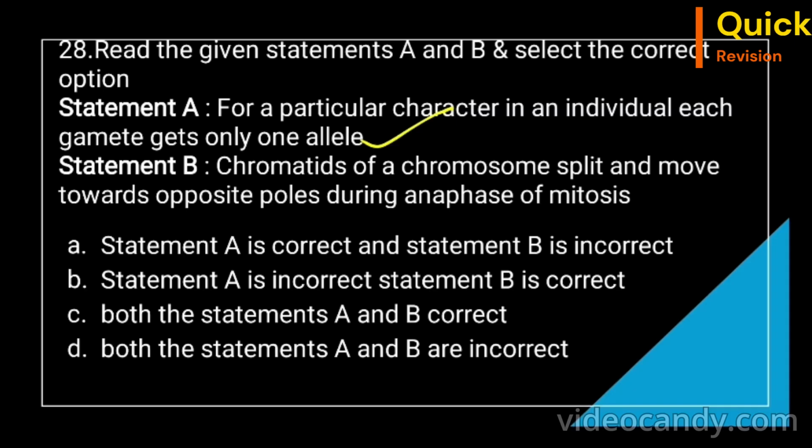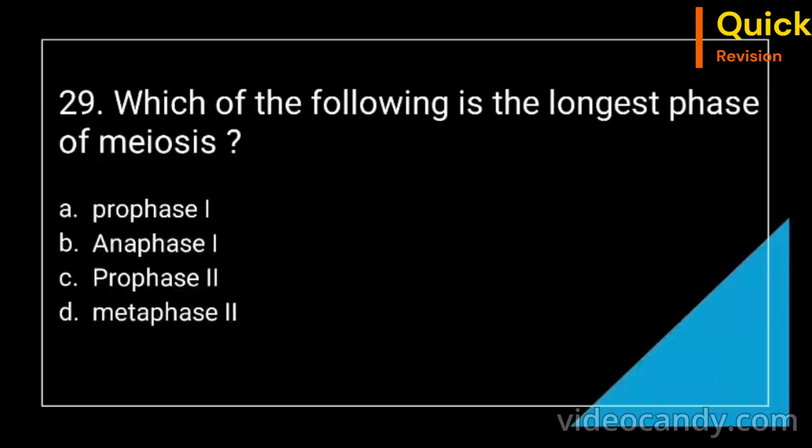Then statement B, chromatids of a chromosome split and move towards opposite poles during anaphase of mitosis. That is also correct, right? During anaphase we see the splitting of the chromosome. So the correct option will be both statements A and B are correct.